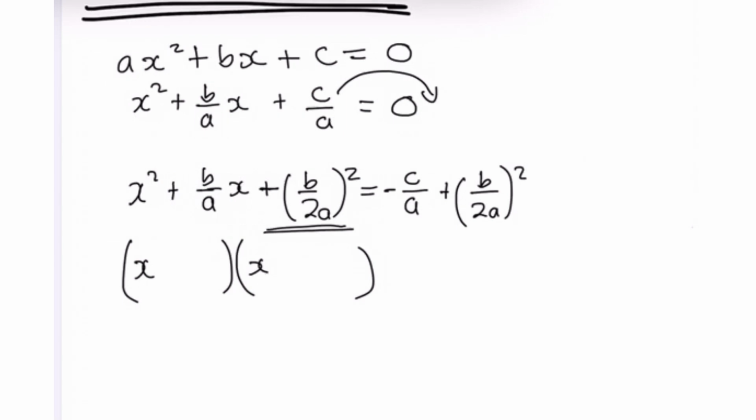Those factors, the way we manipulated it, by dividing by 2 or multiplying by half, give this term that we are looking for, with the same signs, both positive. Now the terms are b over 2a and b over 2a.